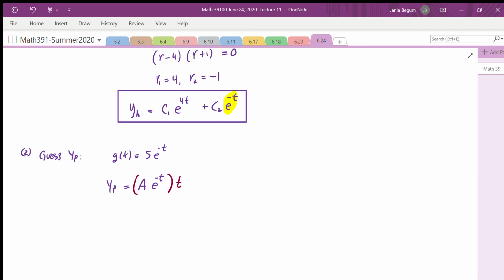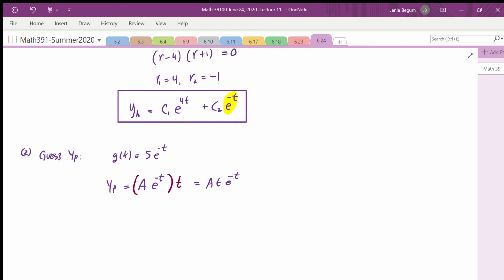And that's going to make it independent of the homogeneous solution. Okay? And now you check, does this appear in my homogeneous solution? Well, it doesn't, right? There's no function in the homogeneous solution that looks like t times e to the negative t. So this doesn't appear in my homogeneous solution, so that will be the form for our particular solution.